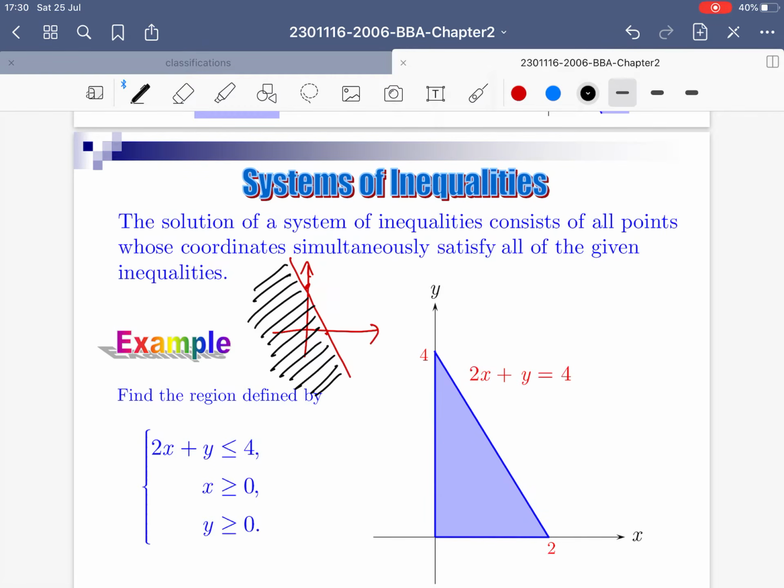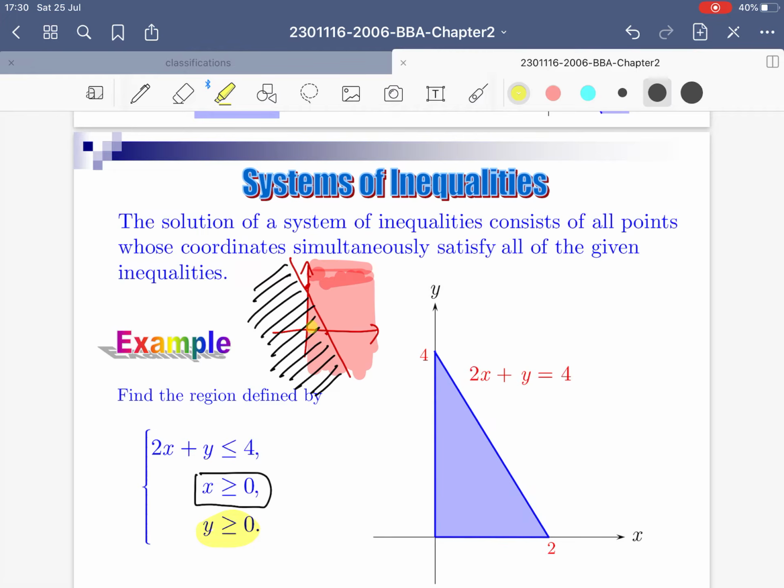However, if you talk about another inequality, that your x is greater than or equal to 0, it means that you are going to look at the one along the positive side of your x. And the next one is when your y is greater than or equal to 0.